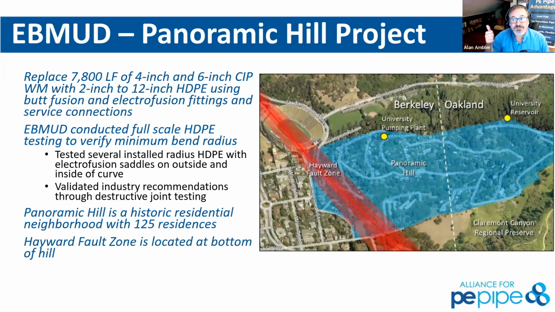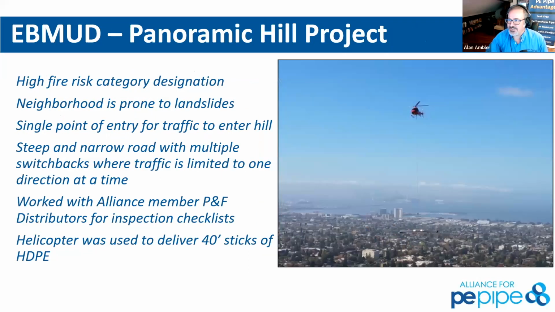So there's a fault zone, so it definitely needed to be a seismic pipe within this area. Then the project itself had lots of switchbacks, so very tight conditions as to which they're trying to carry the pipe up to staging areas to do the replacement of the entire neighborhood, which is why you happen to be looking at a helicopter.